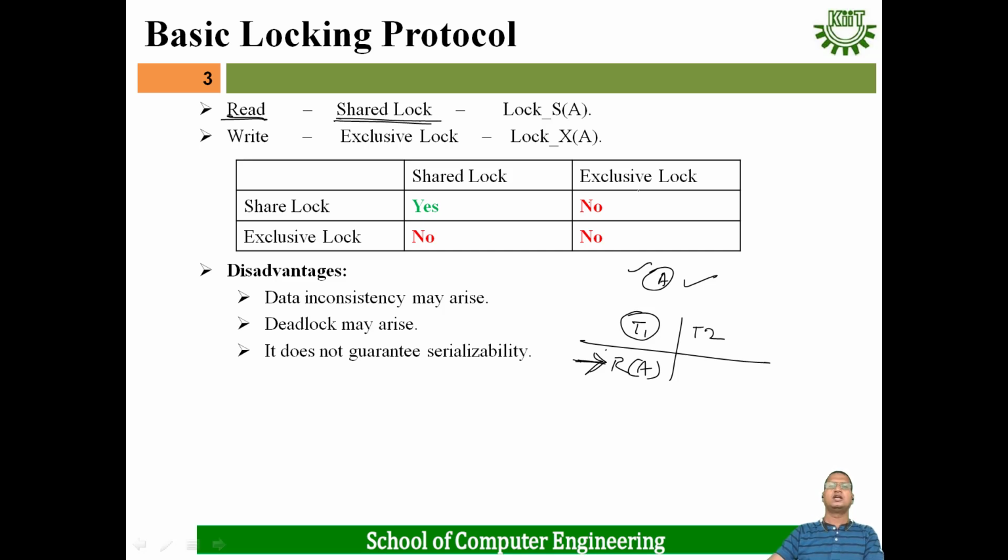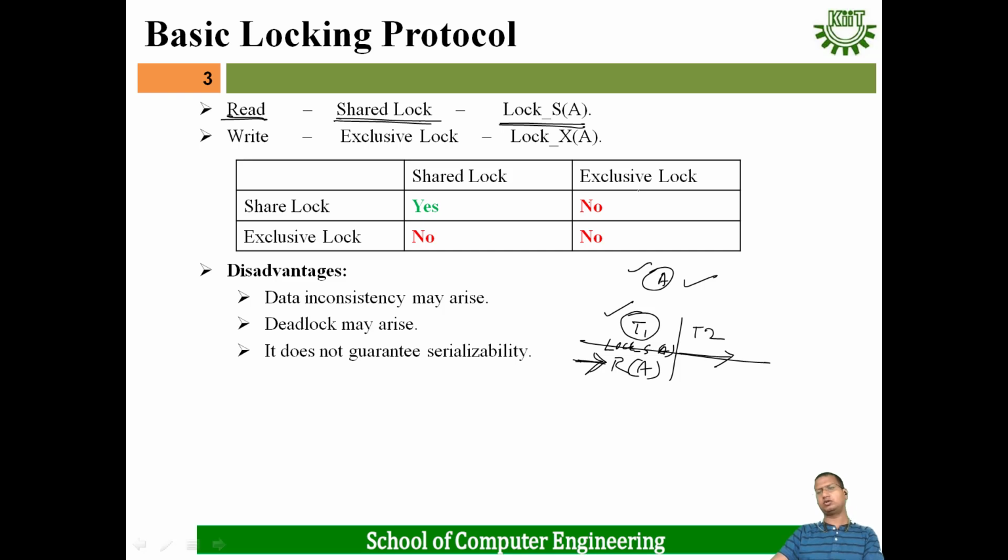Whenever a transaction wants to read a data item, it has to apply a shared lock. The command to apply a shared lock on data item A is lock_S(A). Suppose transaction T1 wants to read data item A. Before that, it has to apply a lock, and the command is lock_S(A).